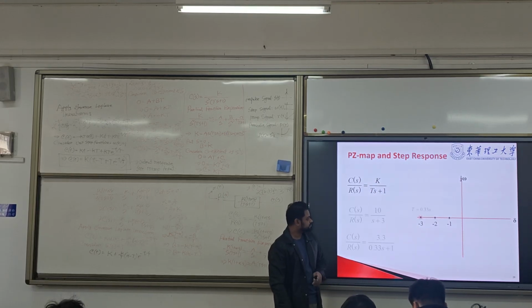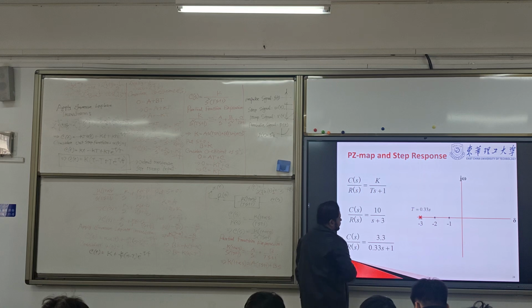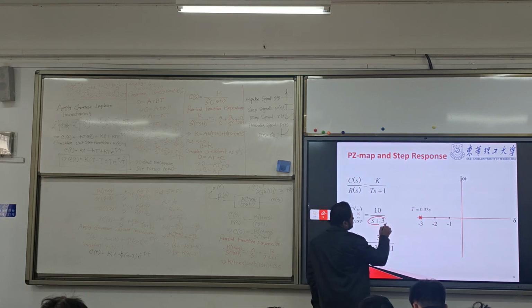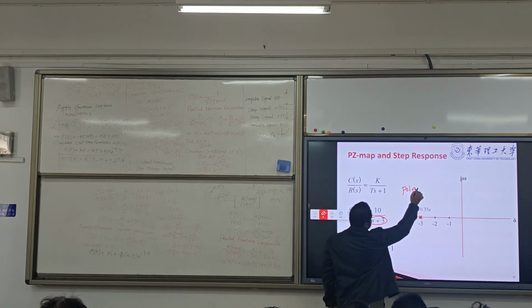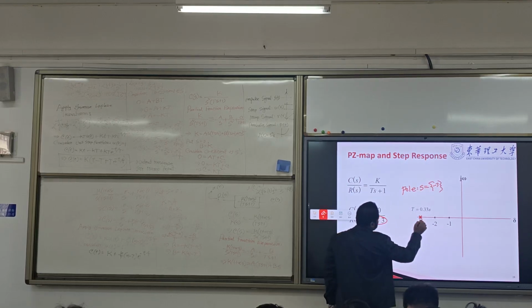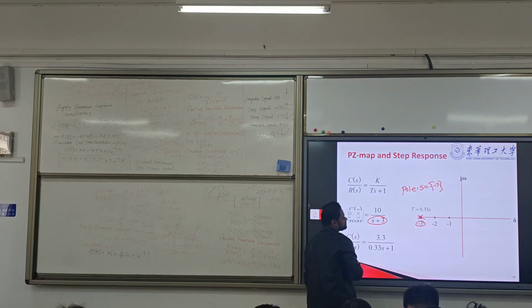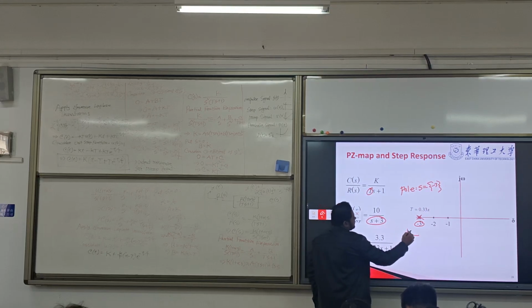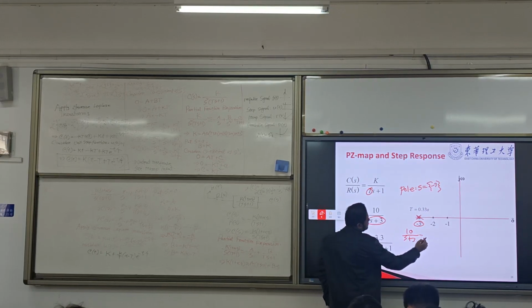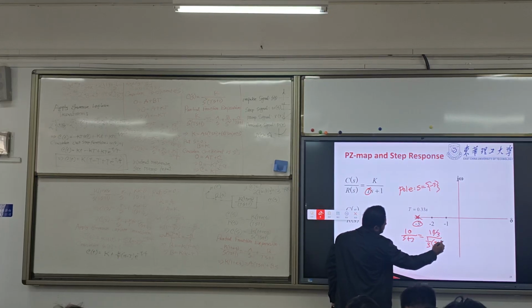Third one, 10 by s plus 3. So the pole here is s equal to -3. Here's the pole, and we mark the pole with a cross. And how do you find T? 10 by s plus 3, 10 by 3, 1 by 3, s plus 3.